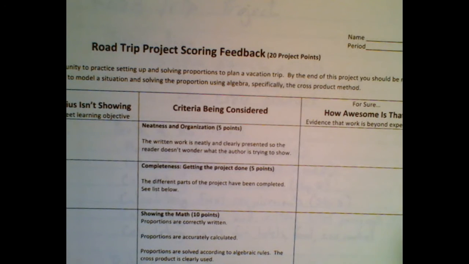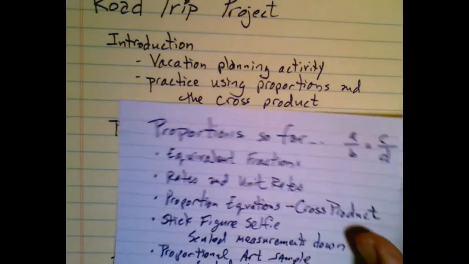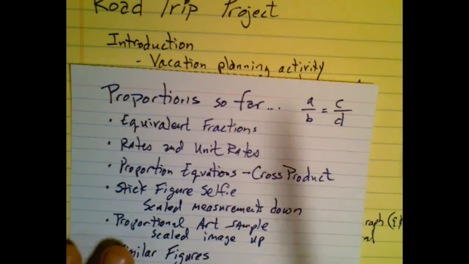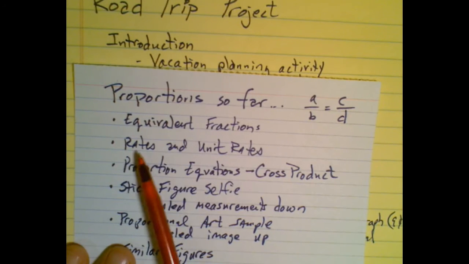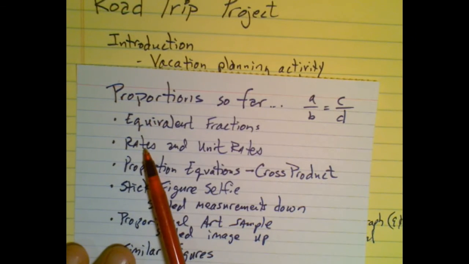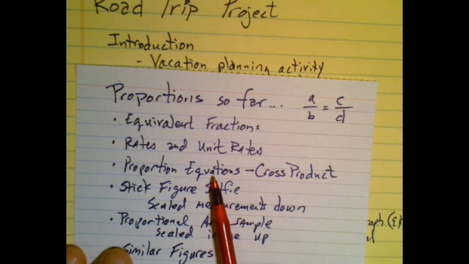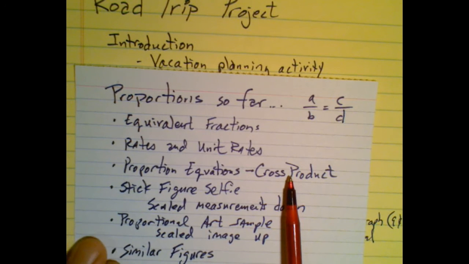Remember, so far we've worked with proportions in a lot of different ways: as equivalent fractions, with rates and unit rates, and converting between the two. We've written and solved proportion equations using the cross product, as well as some other methods.